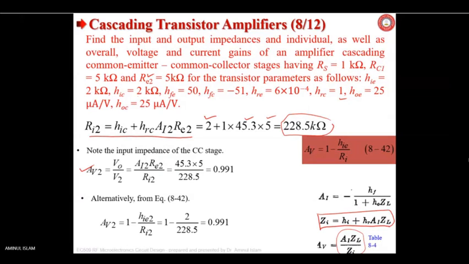From table 8.4, this has been derived earlier, so you can write this from our earlier derivation. AI2 you have just got as 45.3, and RE2 is 5 kilo ohm, divided by RI2, which is calculated here as 228.5 kilo ohm.